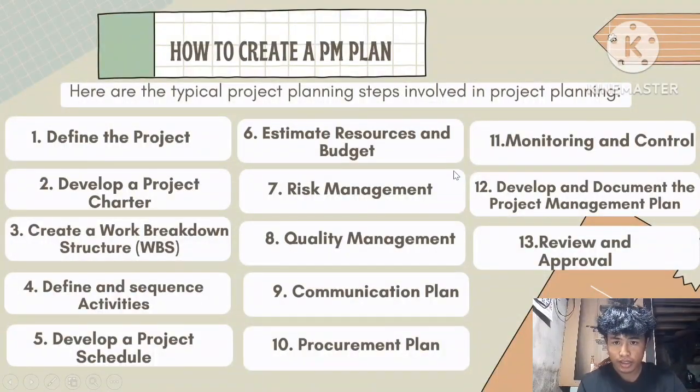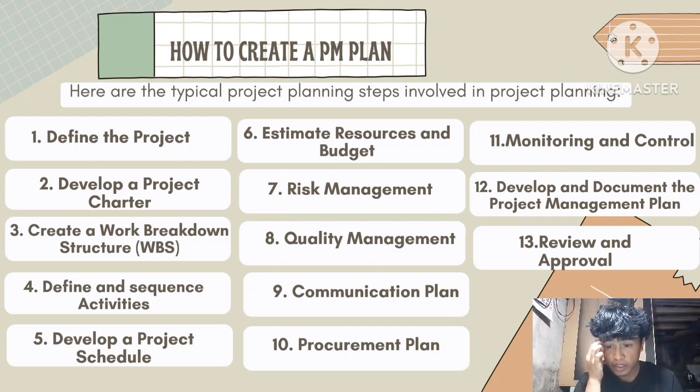So here are the typical steps involved in project planning. First is define the project. Second is develop a project charter. Third, create a work breakdown structure. Fourth, define and sequence activities.